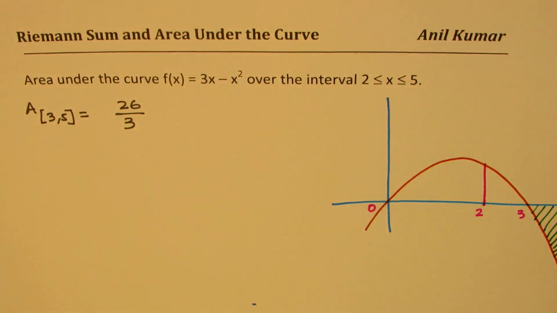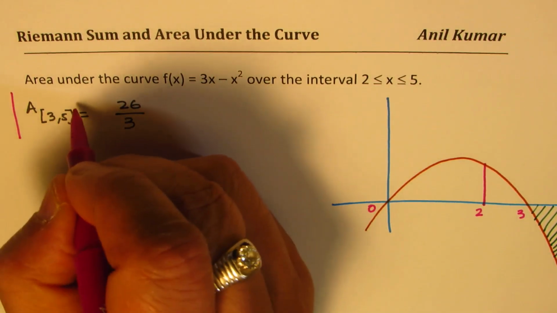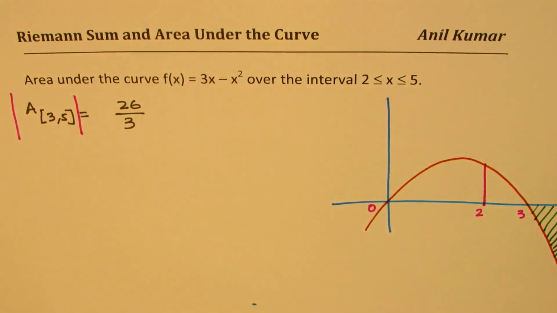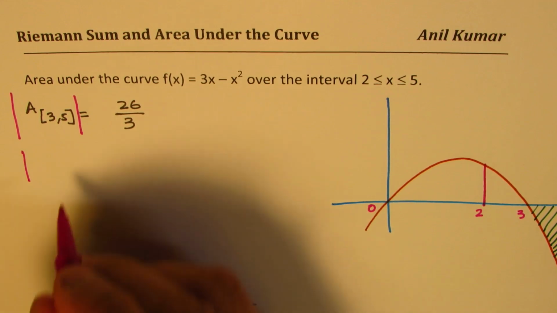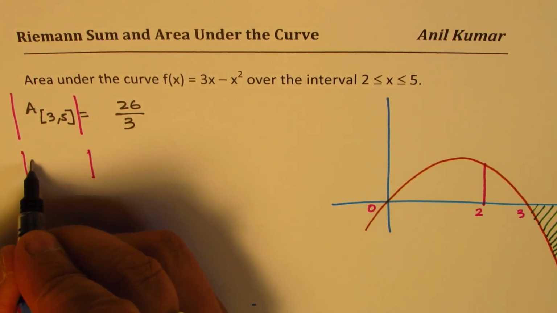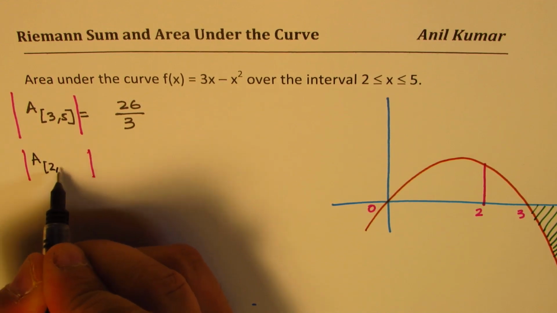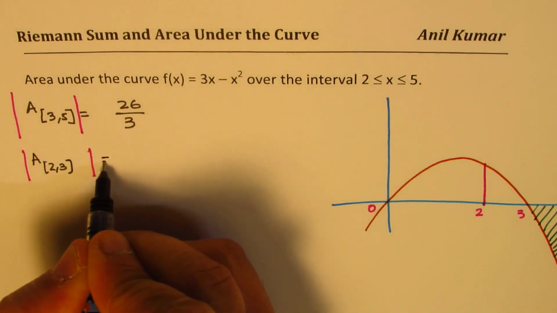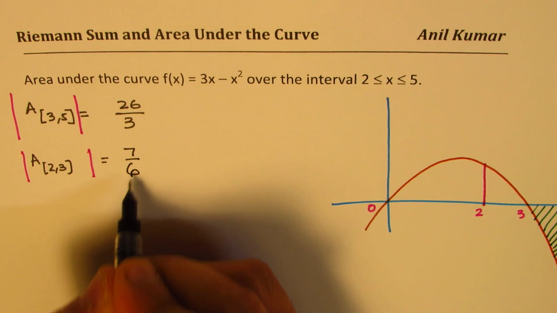We are talking about absolute value, since we have to add them up, right? Now, the absolute value of the area between 2 to 3 was 7 over 6, correct?